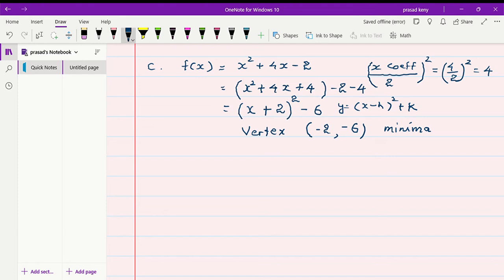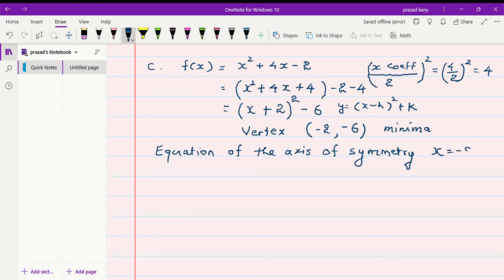And the equation of the axis of symmetry of the graph will be x is equal to the x coordinate of the vertex, -2.